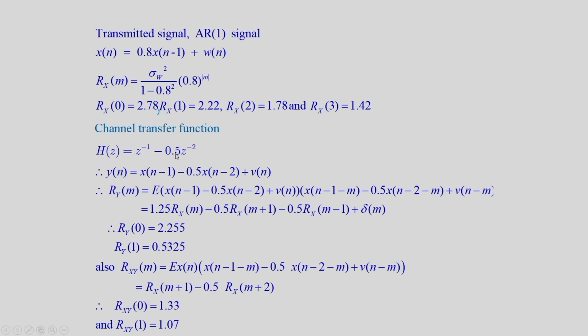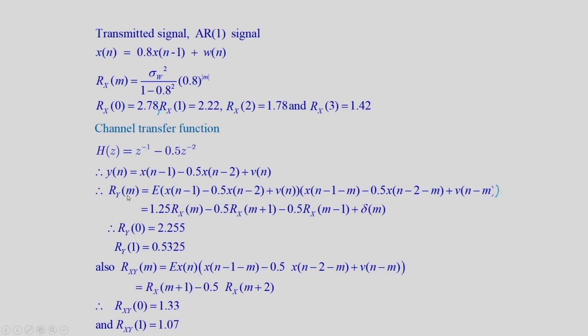This is an FIR filter. Therefore, we can write the output of this filter, when x[n] is passed through H(z), as y[n] = x[n-1] - 0.5 x[n-2] + v[n]. So, this is the output of the FIR filter.